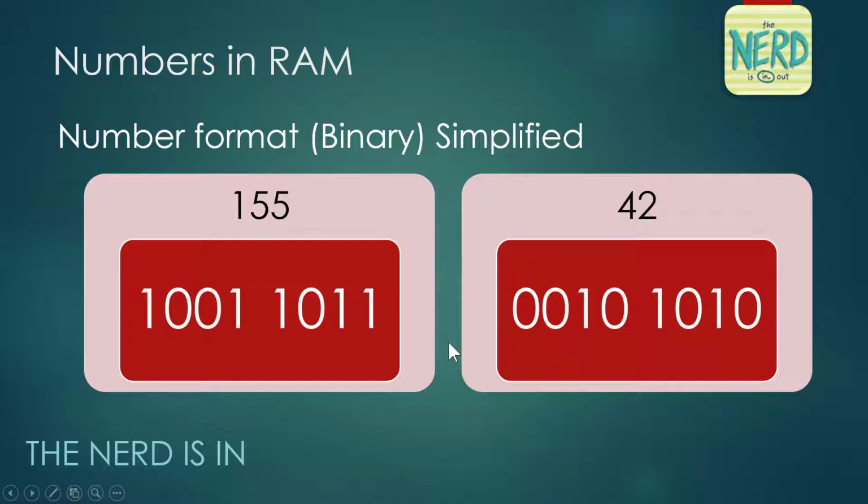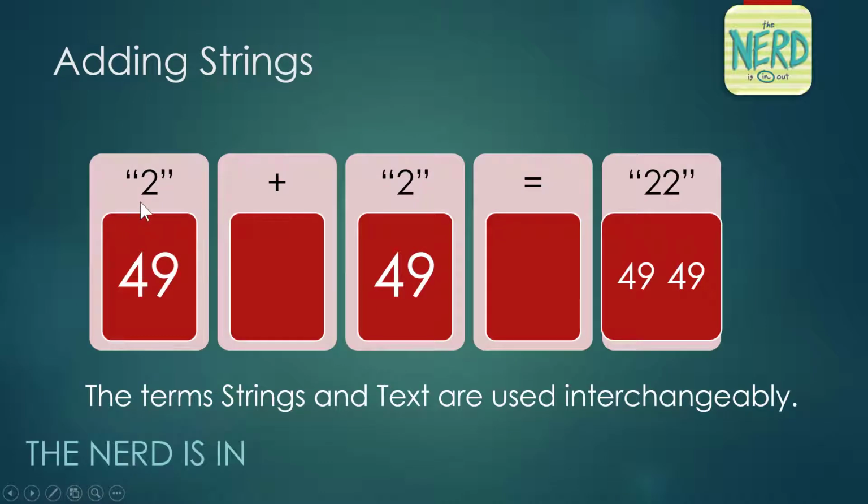So the problem we run into when we're trying to do strings in a programming language is the programming language looks at the format of the data and goes, you have a string text that is the number 2. We want to add that to another string, which is the number 2.